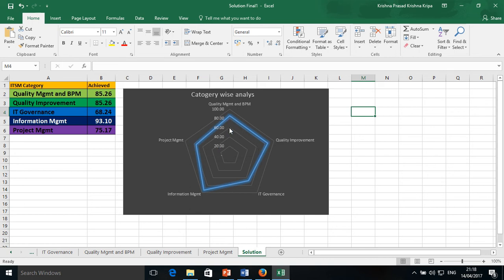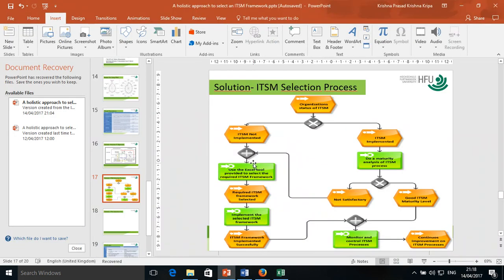But when it comes below 60, they must rethink whether they are using the right framework, or what the problems are, why this is down. They can think over it and improve that. They can even successfully select a particular framework belonging to this category. So that is all the logical part of this.